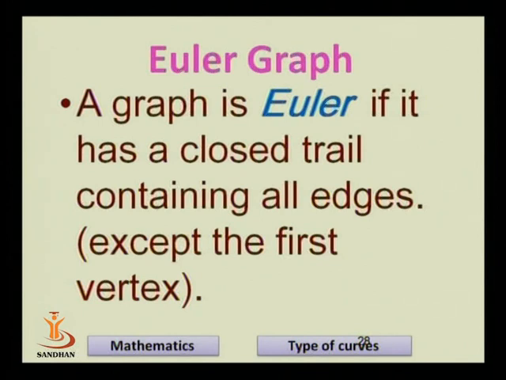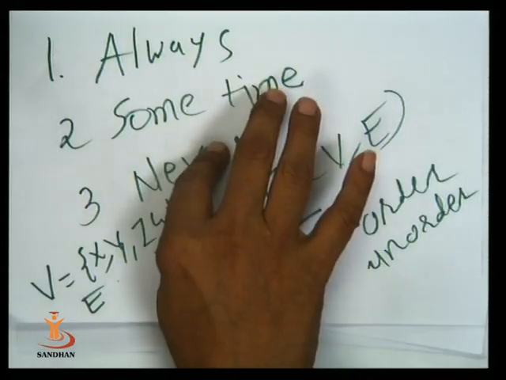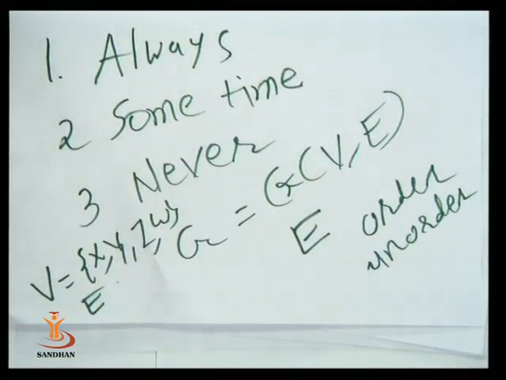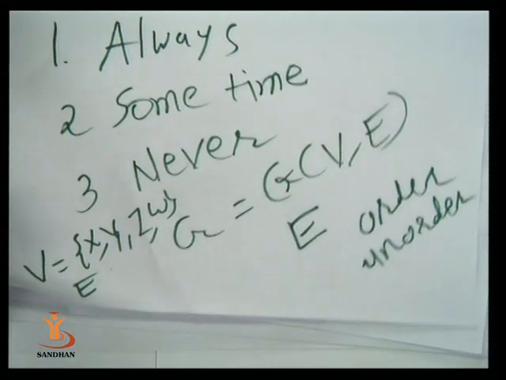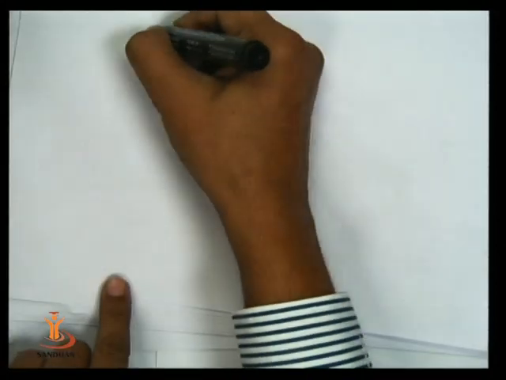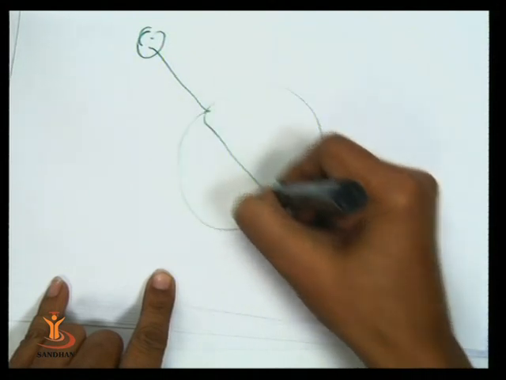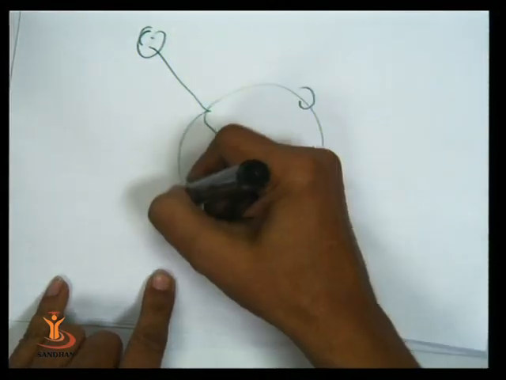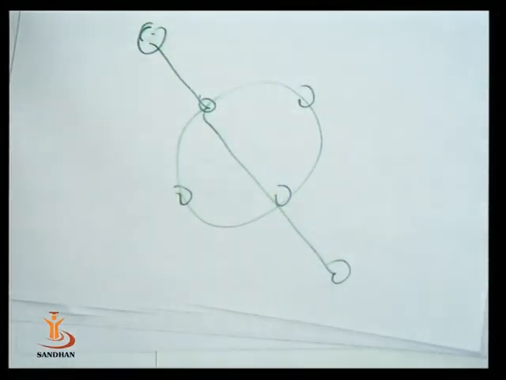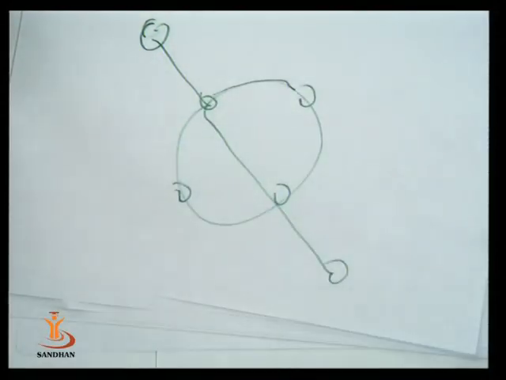Now the second type of curve, the sometimes traversable curve. Which is a sometimes traversable curve? A graph that is traversable sometimes, not always.